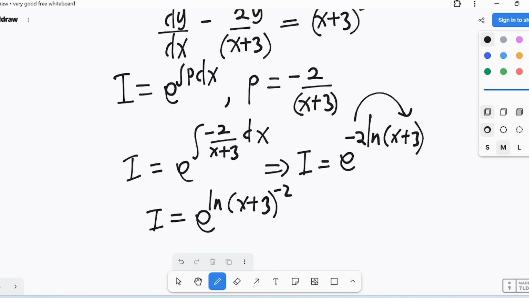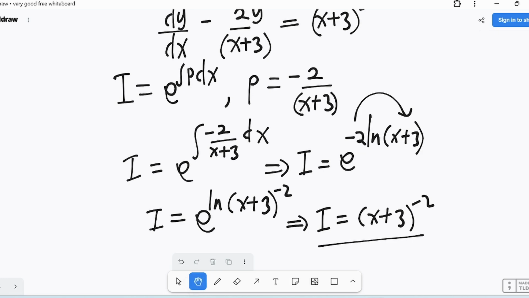According to the laws of logarithms, our integrating factor is equal to (x + 3)^-2. Because ln is log base e, the exponential to the power of log base e of anything gives the argument. That's why it ends up like that.